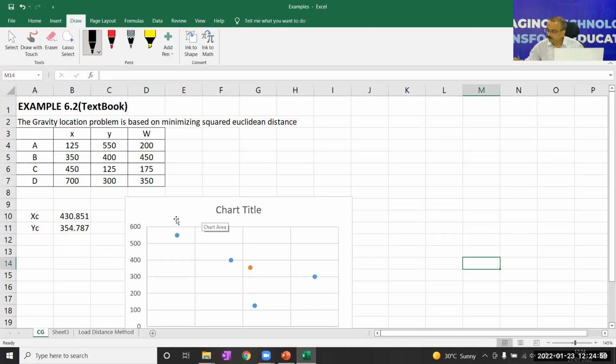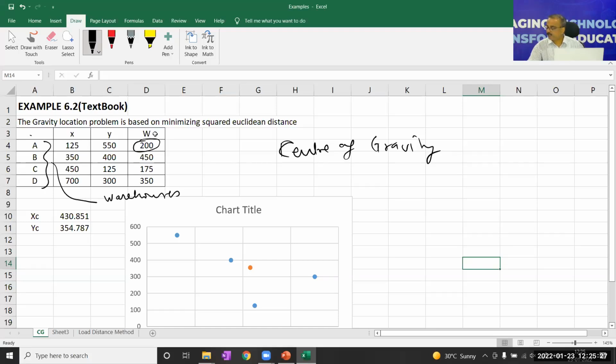It represents the warehouses, and we need to locate the factory based on the center of gravity technique. So A, B, C, D represent the warehouses, and the weight is in terms of the demand that exists.